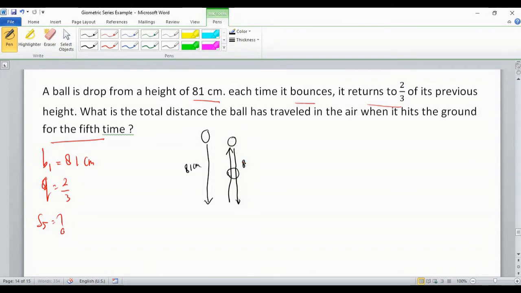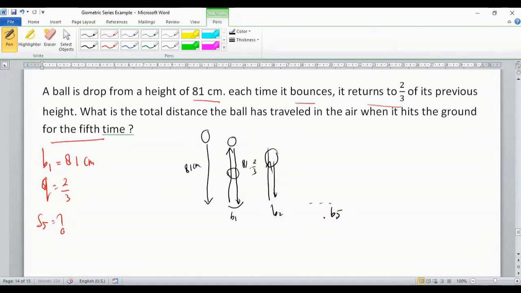So 81 times 2/3. This one is called B1 because it is a bounce, everyone. When it goes from the ground to the height and then back to the ground again, they are the same. And then this is the same with B2. They will be the same until B5.